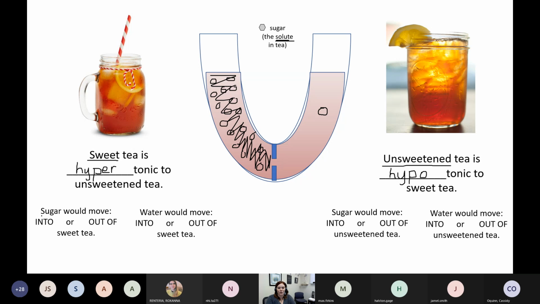I can either move my sugar from one side to the other, or I can move my water from one side to the other. If I'm going to use the process of diffusion to make these two types of tea isotonic, am I moving the sugar or the water? If I'm doing diffusion, which one would move in diffusion?